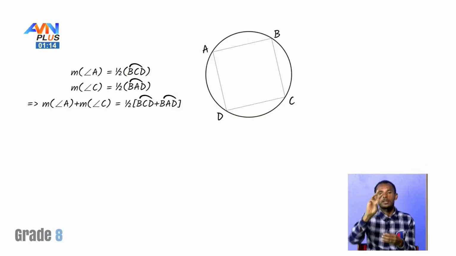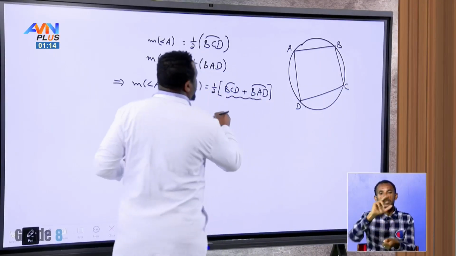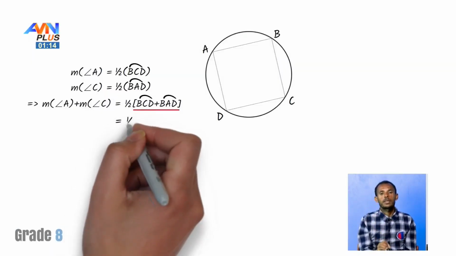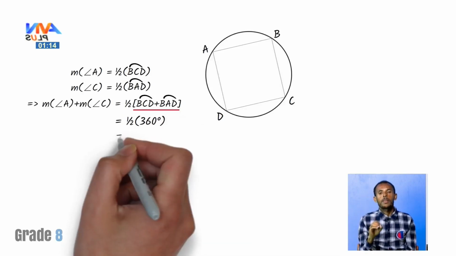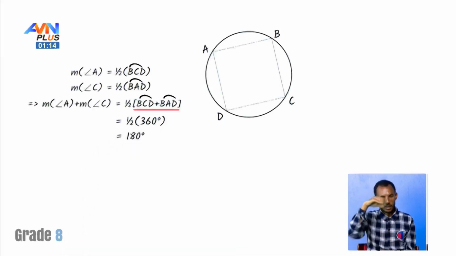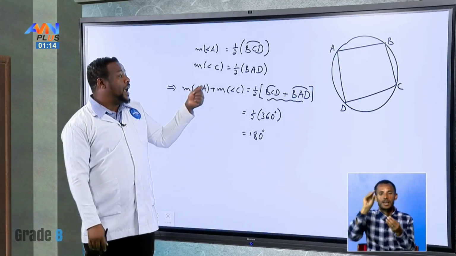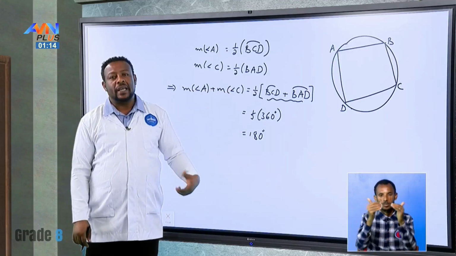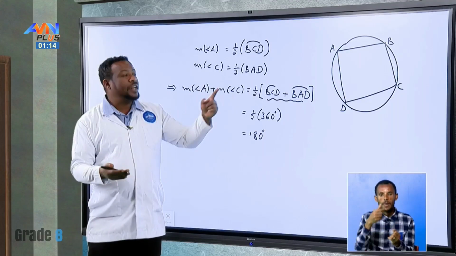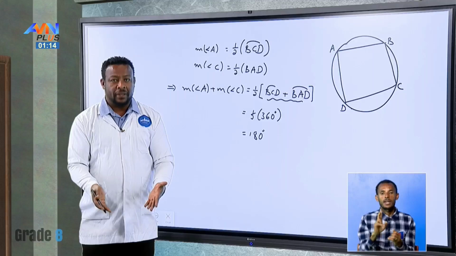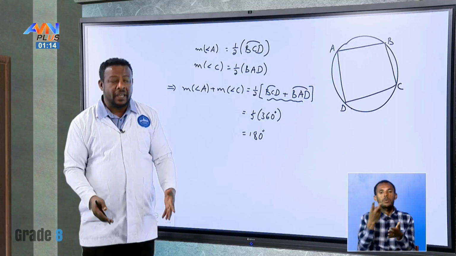Therefore, in place of this, you can substitute 360. So half of 360 degrees is 180 degrees. Okay? So from this, we understand that the sum of A and C is 180 degrees. So we can say A and C are supplementary. Okay? This was the proof that we have seen yesterday.